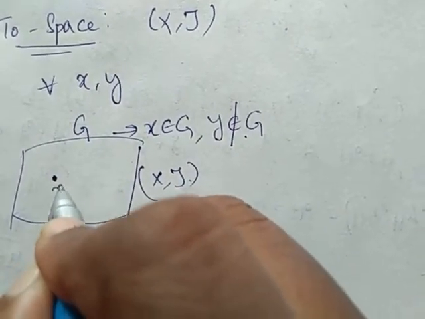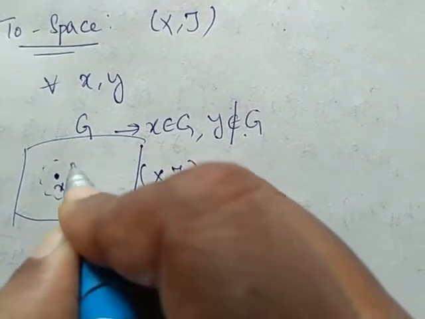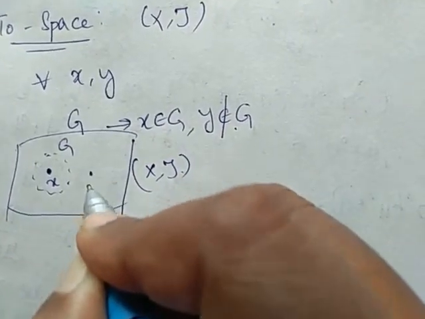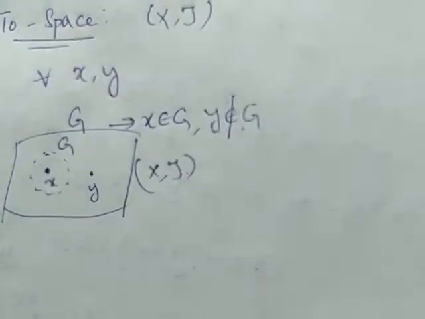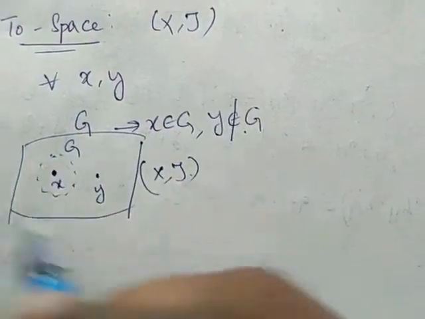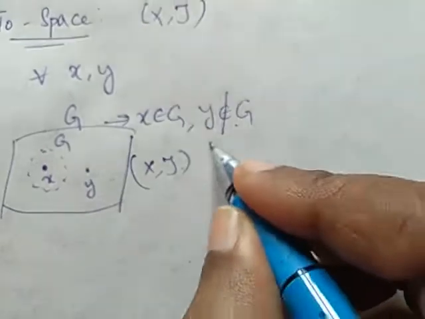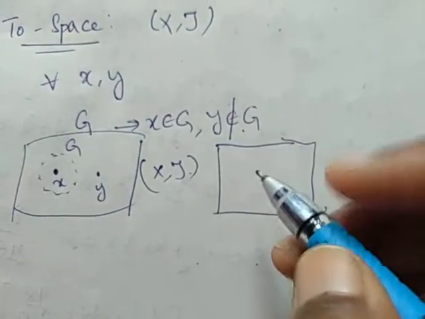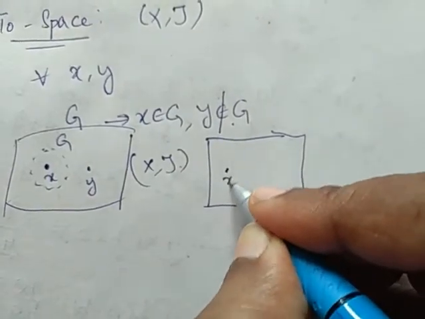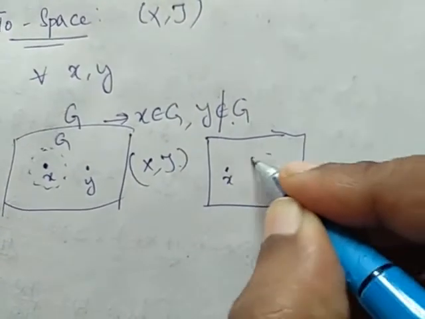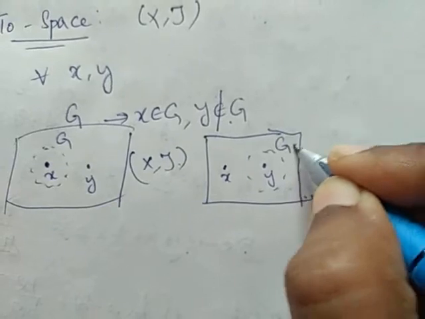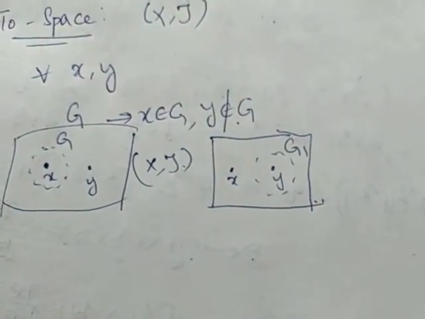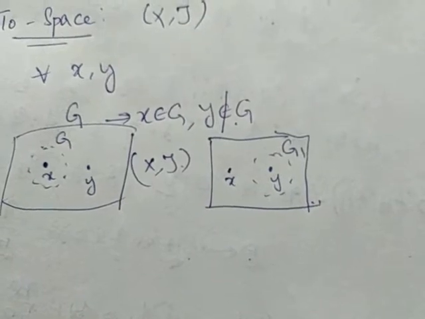If this is our x, there exists an open set G such that x belongs to G, y does not belong to G. Or for a topological space, there exists an open set G1 such that y belongs to G1 and x does not belong to G1. Such spaces we call T0 space.